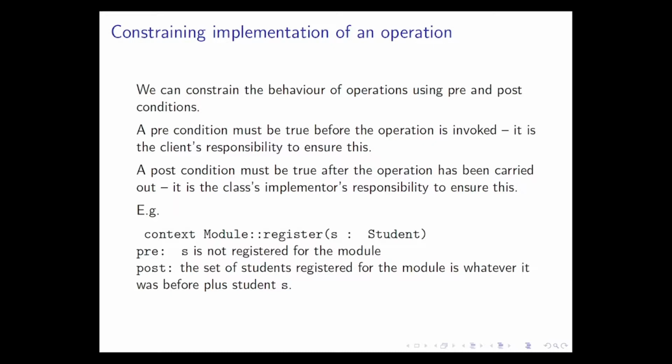It's saying it's whatever it was before plus student S. And exactly what you say is quite likely to depend on the language in which you're saying it. It turns out, as you may remember, that OCL has a decent way to say the version of the English we've got here. Some other languages you might use might not give you an easy way to say that, and this may influence what you actually choose to write down. So things are always a little bit more messy than they might be if you look at the ideal situation.